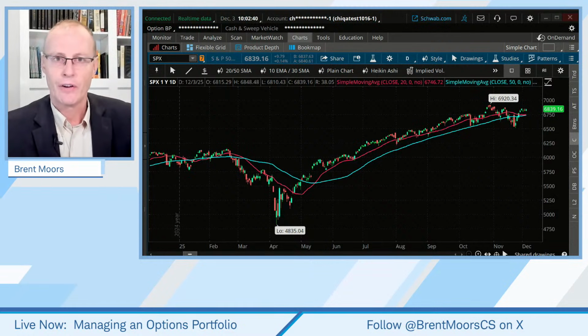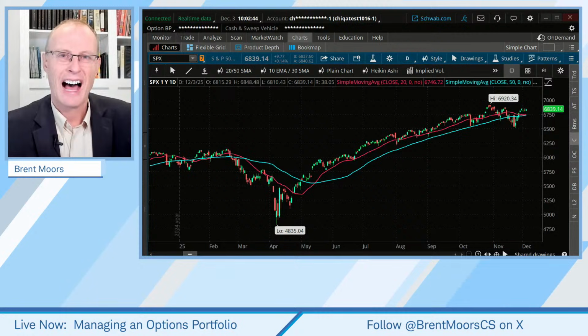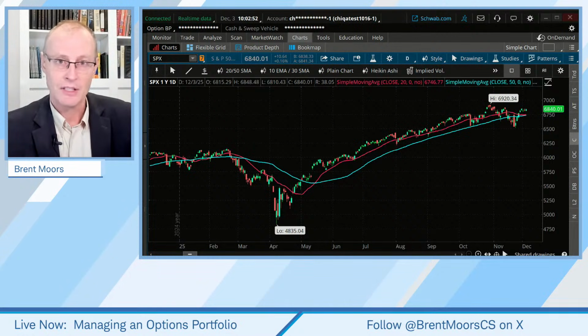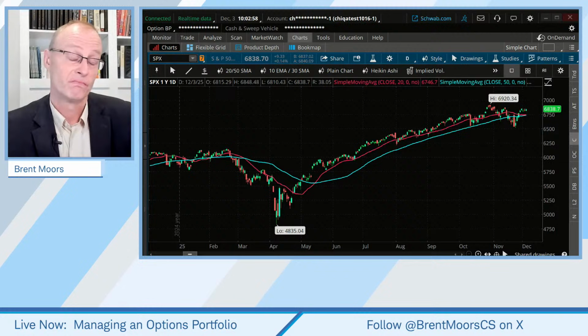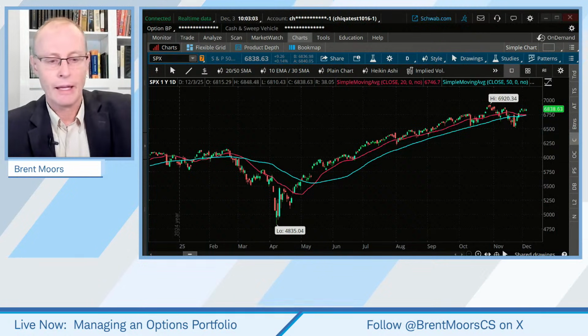So various strategies entail higher or lower deltas, and deltas tell you how much that position is going to profit or lose, essentially, based on a move in the underlying stock. Okay? And so that's a key concept.